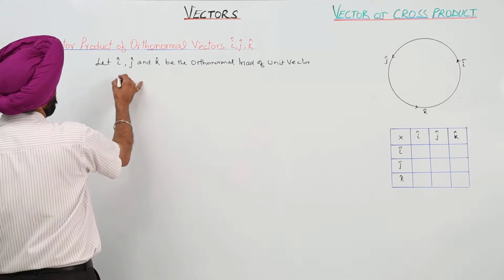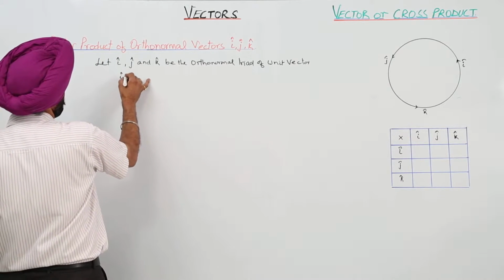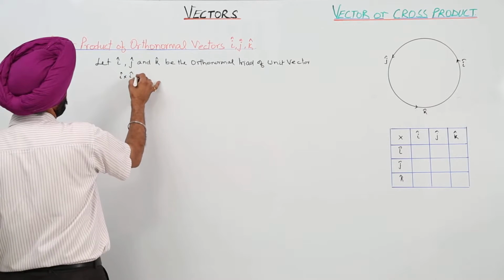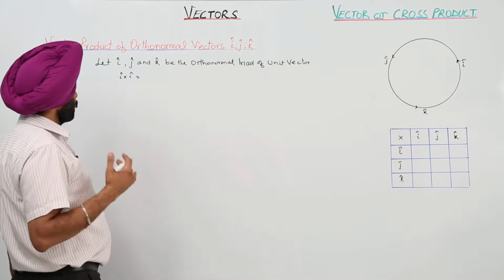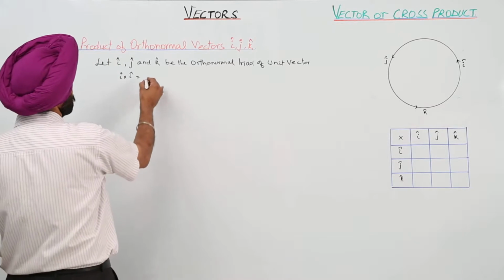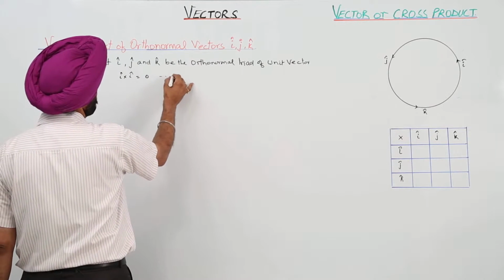Now we are having vector i cross vector i. Now this is equal to 0. What is the result?